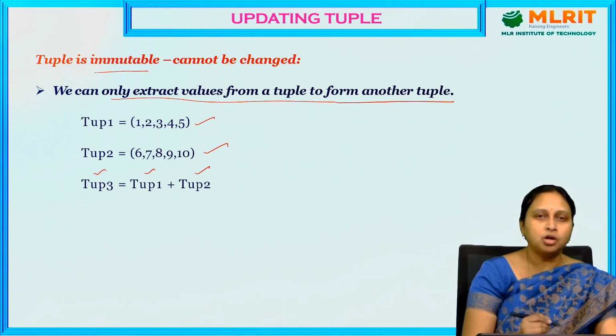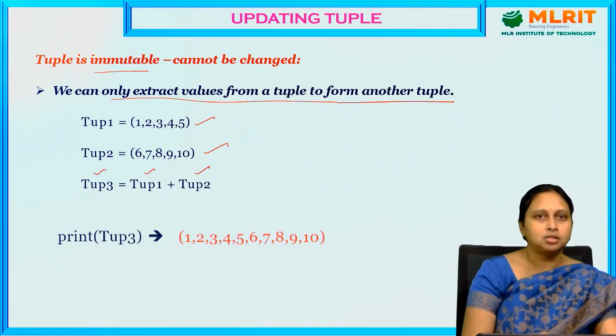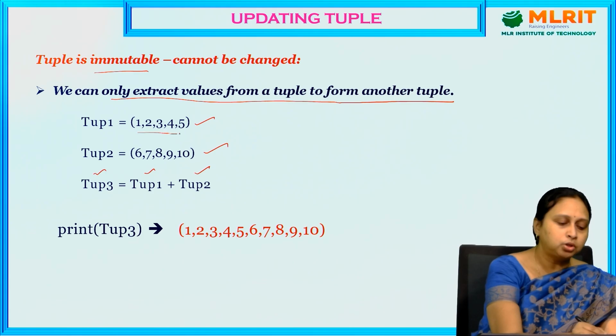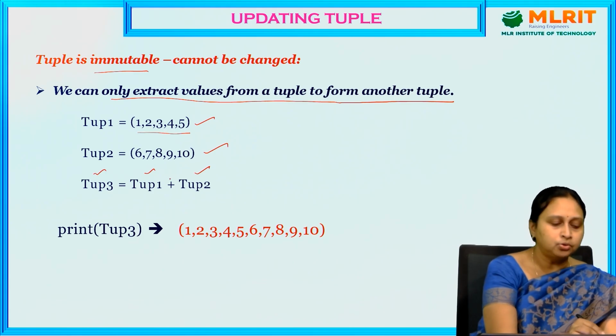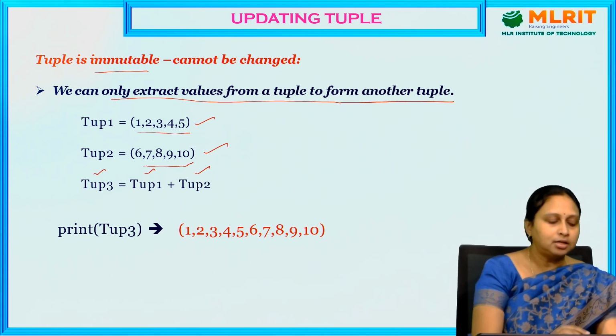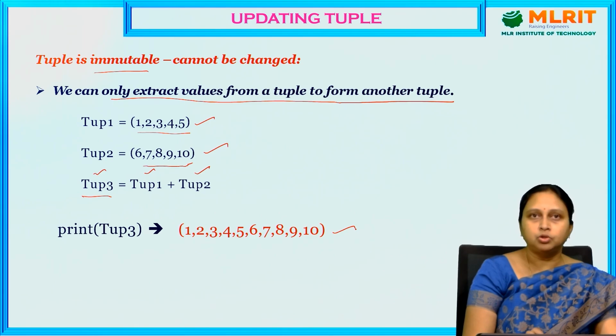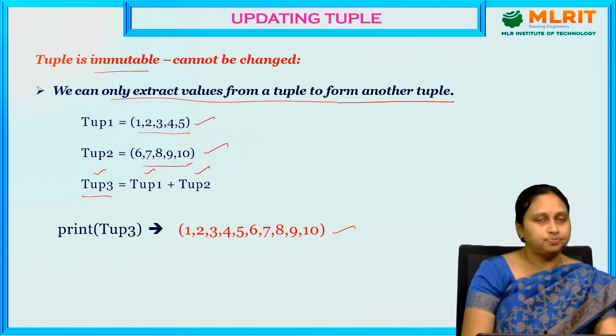Now when you do this, it prints all the values: 1, 2, 3, 4, 5 will be added with the second tuple, and the resultant will be stored in the third tuple. This way, we can perform the operation of updating the tuple using two tuples. This is possible.